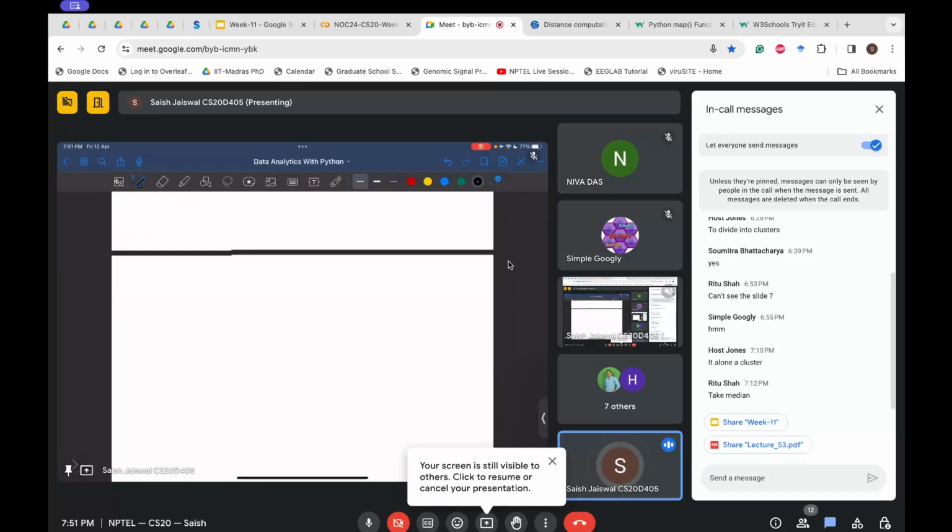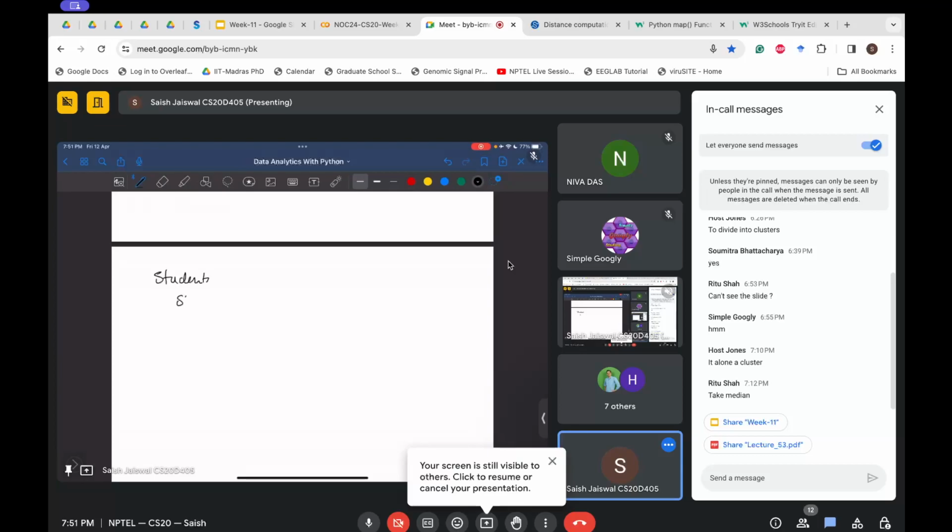So what are decision trees used for? As in its name, it can be used to make decisions. We'll see classification and regression, but in our case we'll see one simple example. Let's say you have two students, S1 and S2, and you have different attributes associated with them: weight, height, gender, and so on.